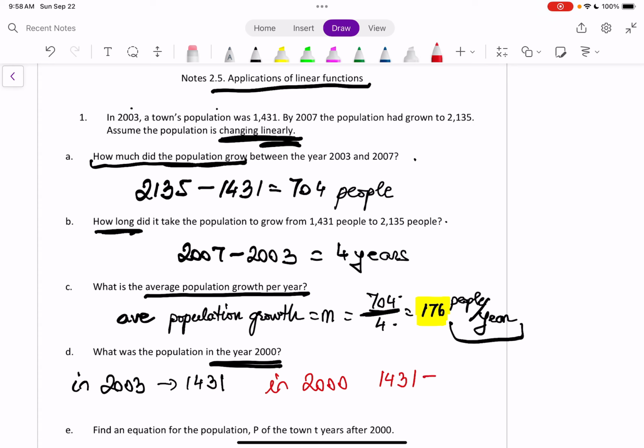So we count backwards by 176 down from 2003 to 2000. There will be 3 times, right? 3 years. So that's 1,431 minus 3 times 176. So the population back in 2000 was 903 people.